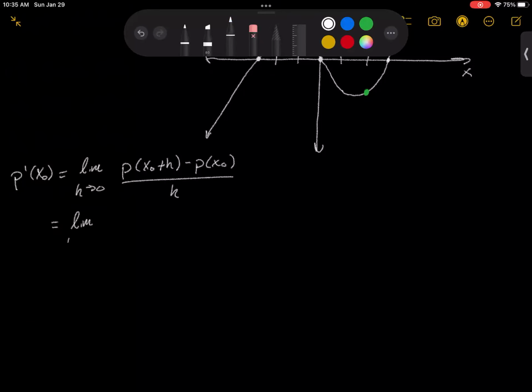Let's chase the algebra. And then at the very end, we'll take the limit, which is the calculus. So what is my polynomial, my p of x at x naught plus h? That'd be 1/4 x naught plus h cubed minus 2 times x naught plus h. Right, that is my function evaluated at x naught plus h.